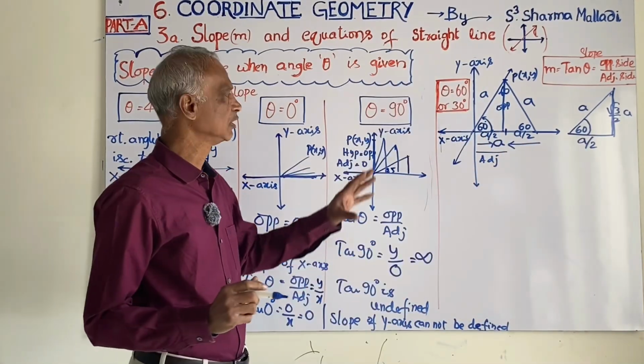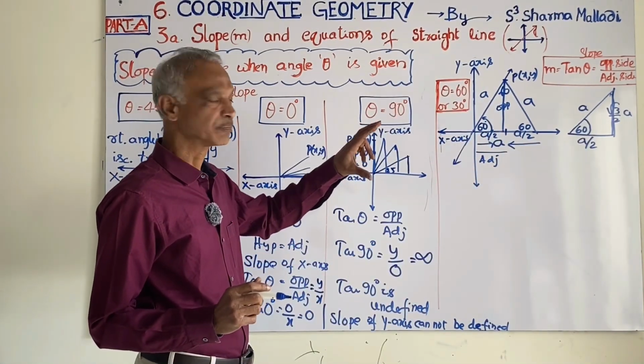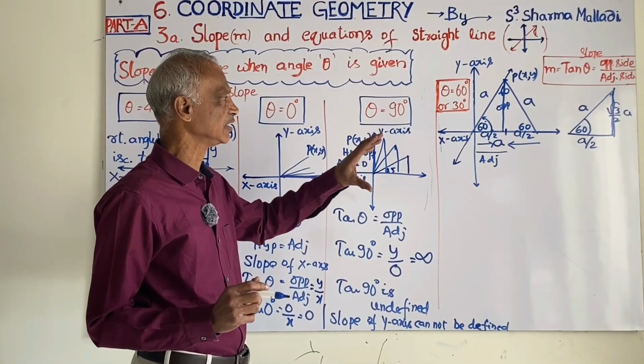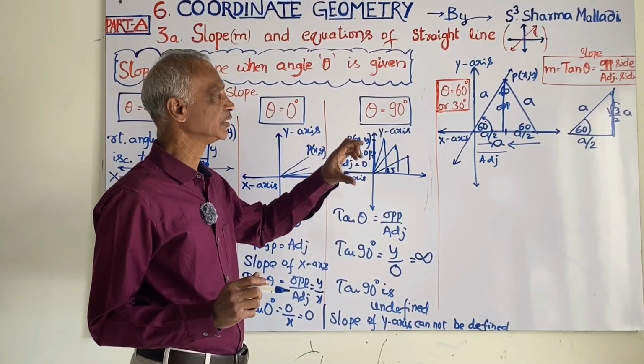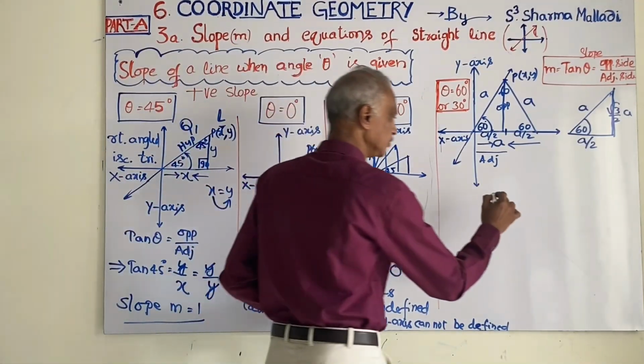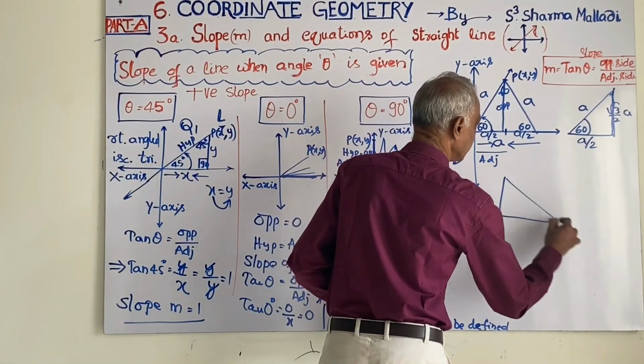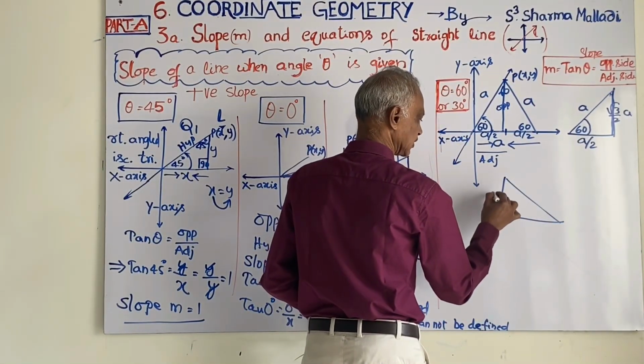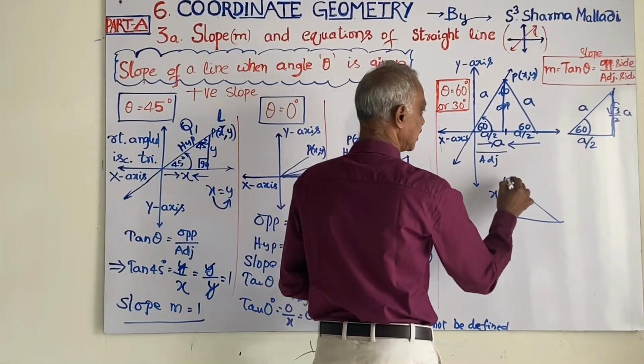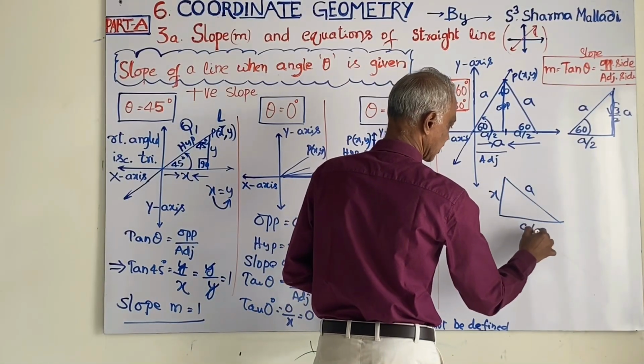You may have a doubt how you get the perpendicular distance, that is the opposite side, equal to root 3 by 2 a. By the Pythagoras theorem, which you already know, but I will explain. Say this is x, this is a and this is a by 2.